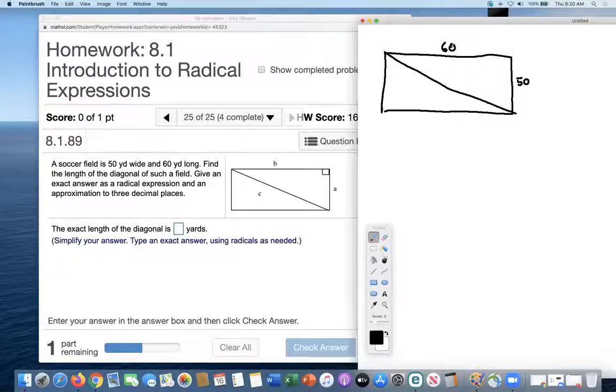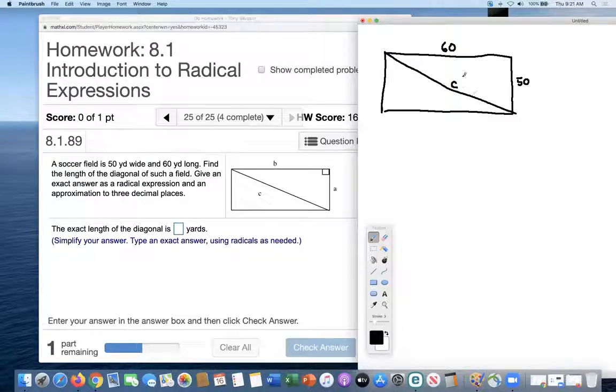So this is B in this picture, and this is A, and this is the diagonal C. So what do you got to do? Here's what they say. Give the exact answer. The exact answer is always with a square root in it, and then the approximation to 3 decimal places. All right, we'll figure this out.